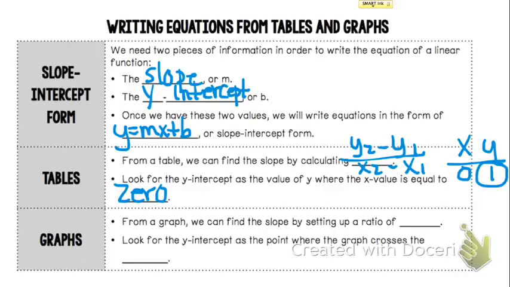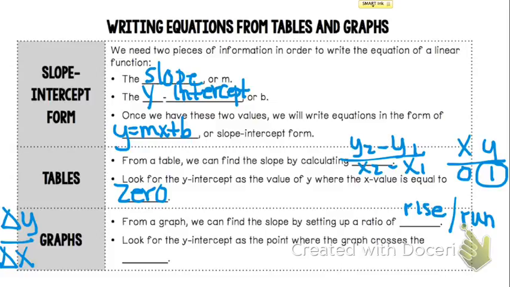So from a graph, we can find the slope by setting up a ratio of your rise over your run. Okay? Also, it's called your change of y over your change of x. Remember, you always put your y over your x.